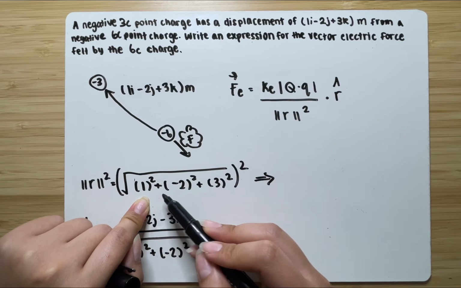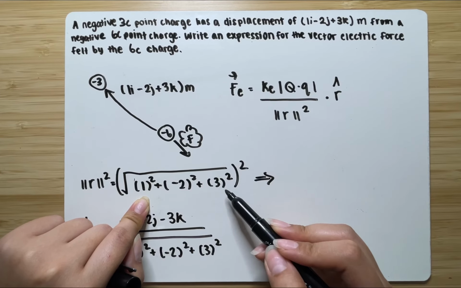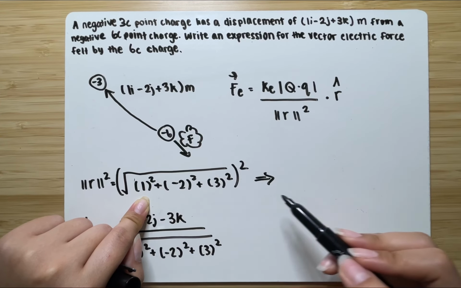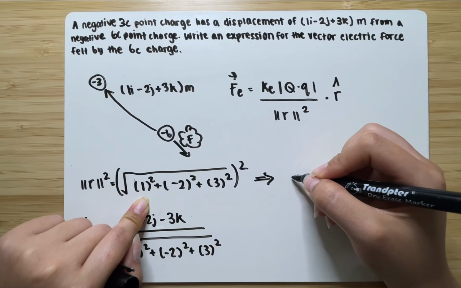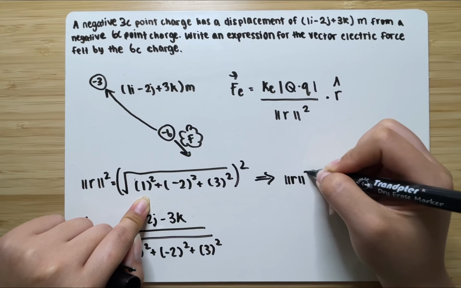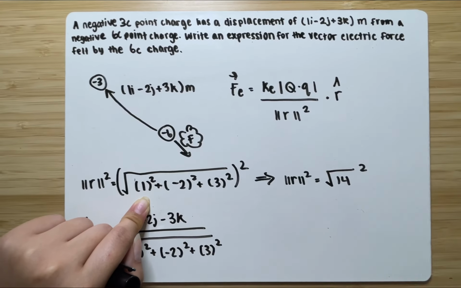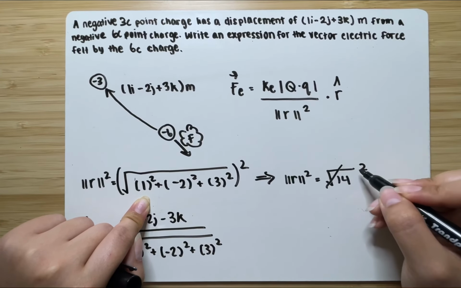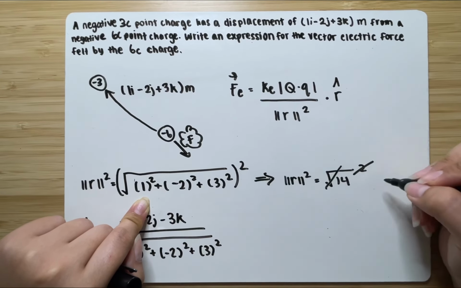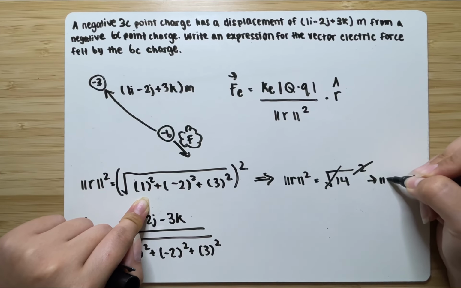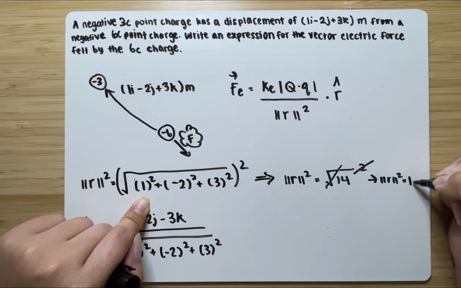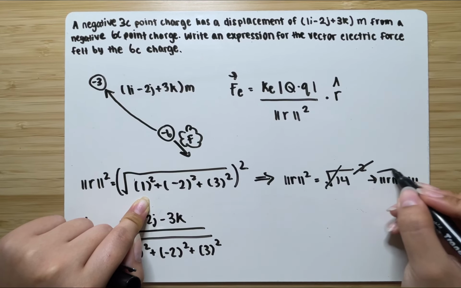So 1 plus 4 plus 9, 1 plus 4 is 5, 5 plus 9 is 14. So you have the square root of 14 squared, which you know the root and square cancel out. So you have it equals 14. Circle that.